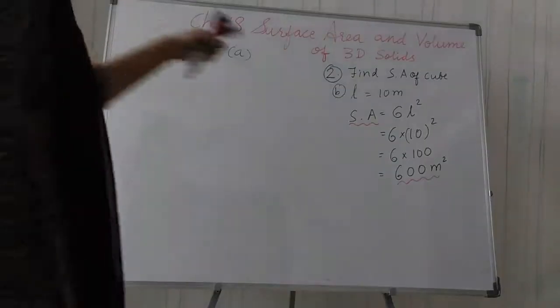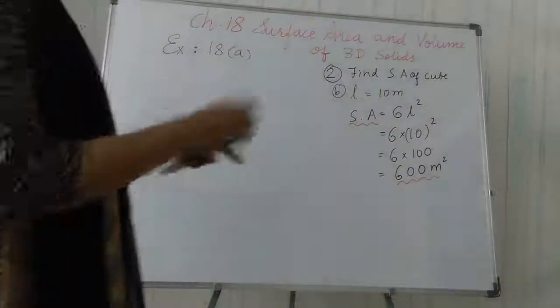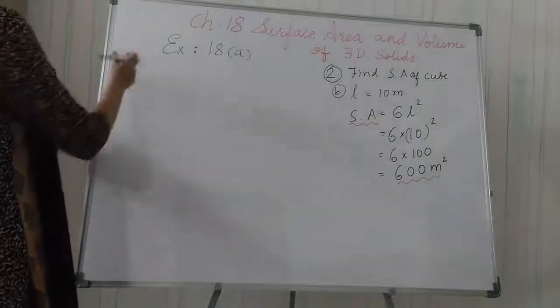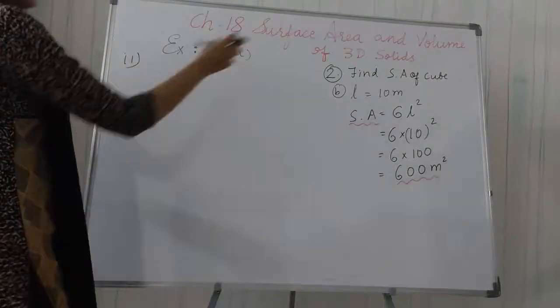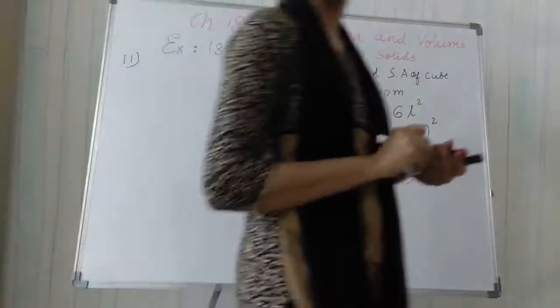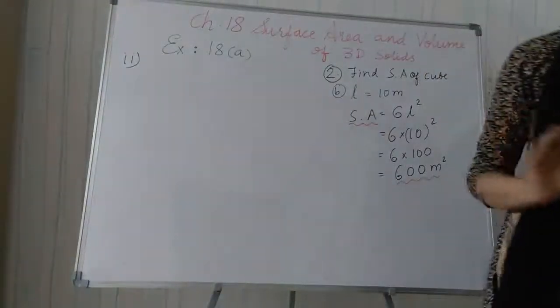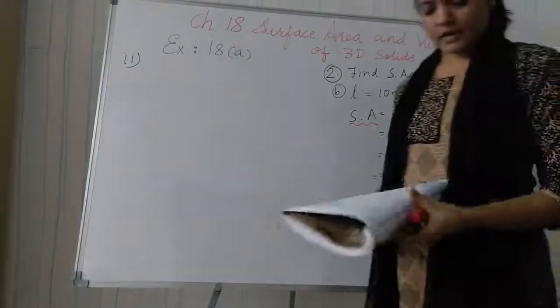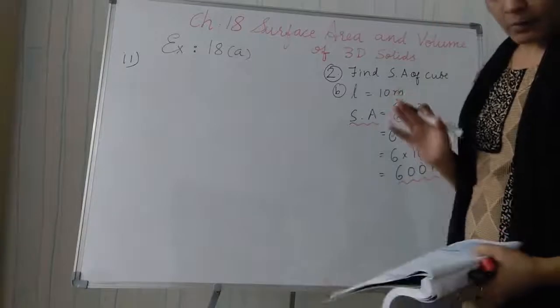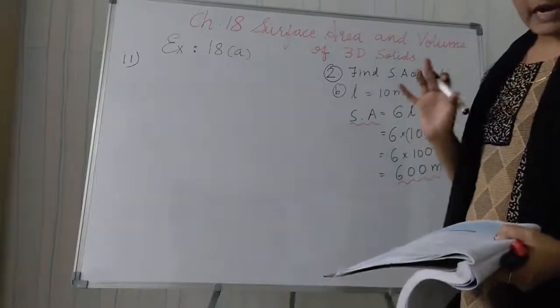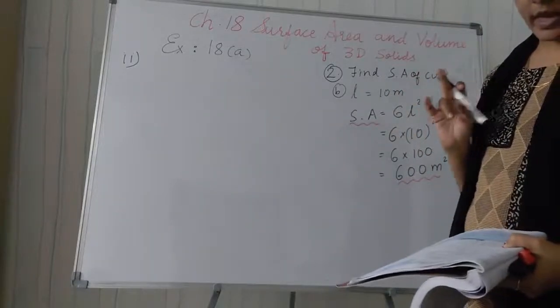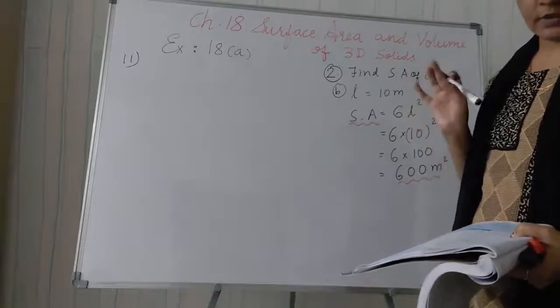Now continuing question number 2, second part. There are 3 parts of question number 2. This is the first part, in which we have to find the surface area of a cube. Now in the second part it is written, to make a model of a cube, 96 centimeter square of board was used.